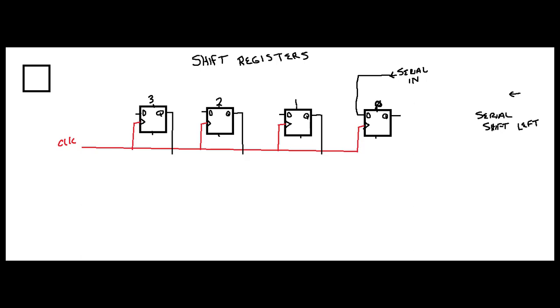Now, I'm going to draw these in colors to try to keep them pretty straight. So if that's your input, you know your output is Q, right? So let's take Q, come up here. We're going to come into another input, don't we? There we go.